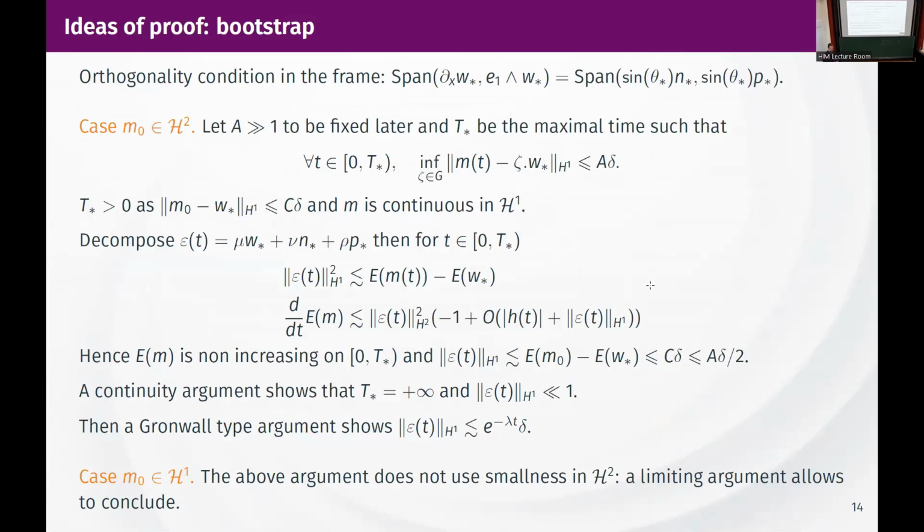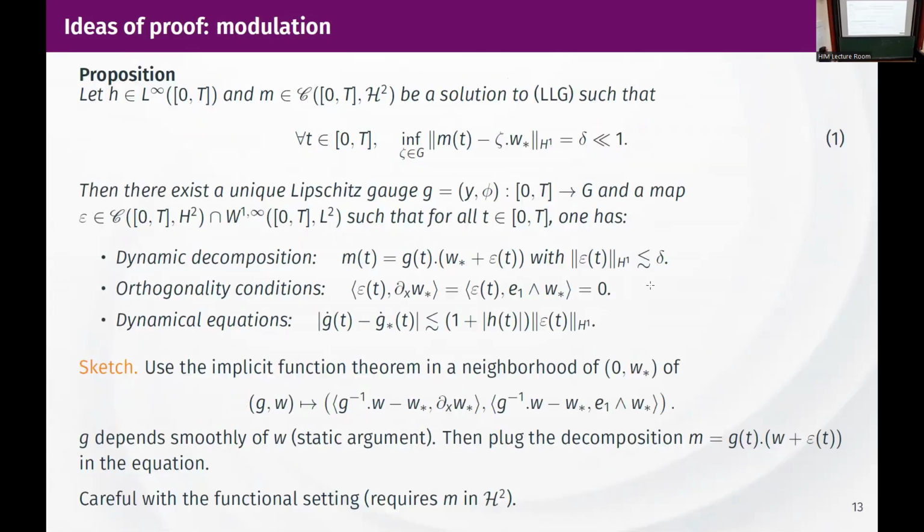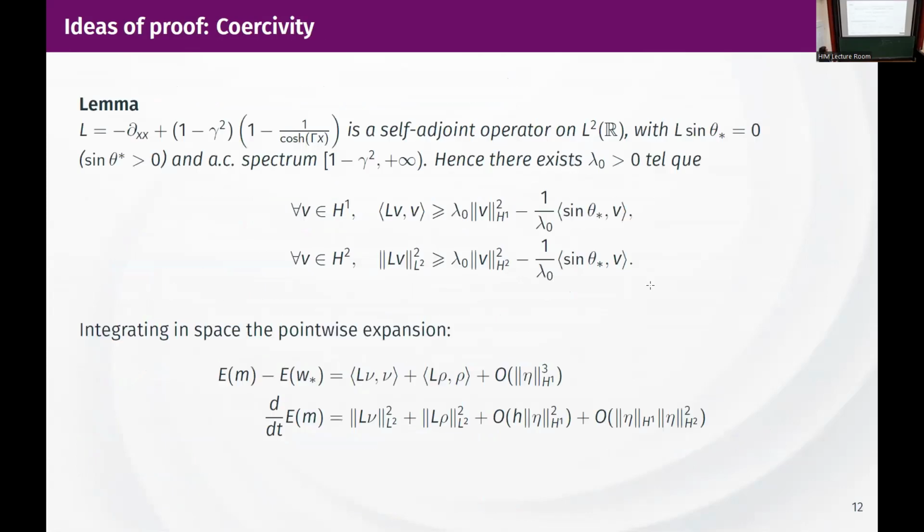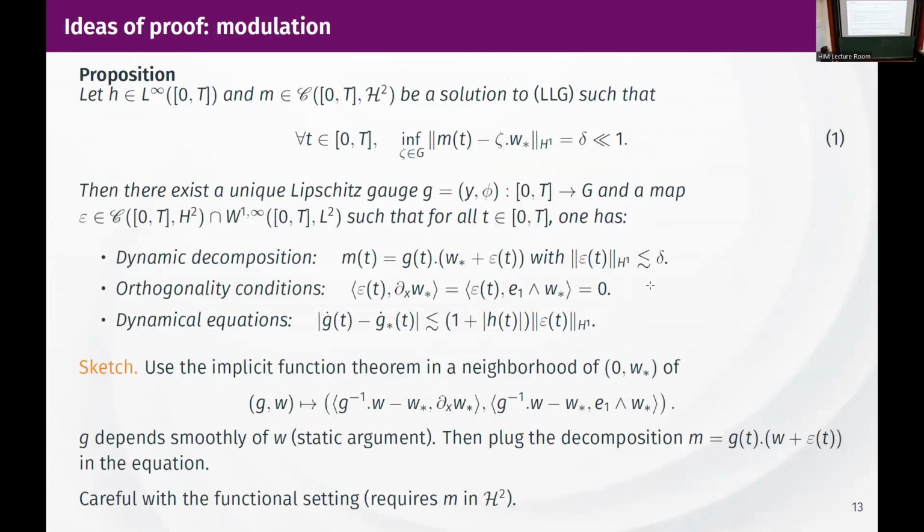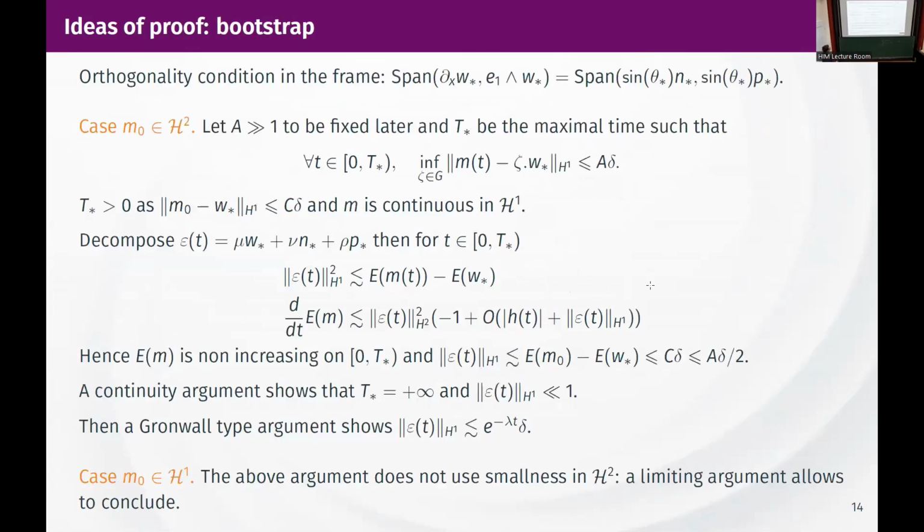Okay, so then how does it work? I have everything. So once I do this modulation, what I gain from this condition is that this term H. Okay. So the idea to perform stability is to do a bootstrap argument. So the bootstrap argument is essentially a connectedness argument.